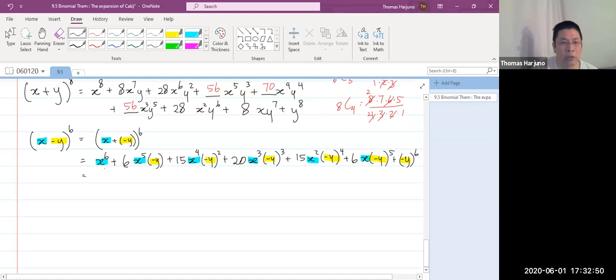Simplification is x to the 6 minus 6x to the 5th y plus 15 x to the 4 y squared plus, let me confirm, is it really 6 combination 3 is 20? 6 combination 3, yeah, that's 20.